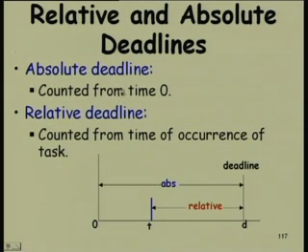And then we were discussing absolute and relative deadlines. This is a term we will use quite often. Absolute deadline, whenever we say it, will mean that the deadline is measured with respect to time 0, whereas the relative deadline is with respect to the task release time.